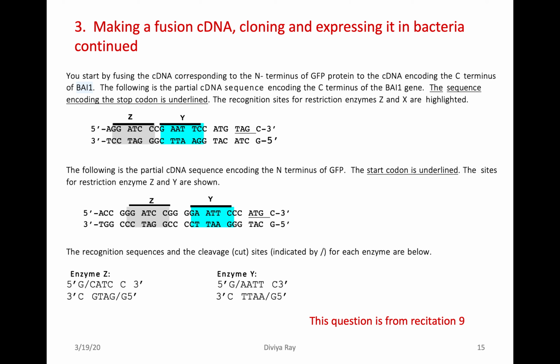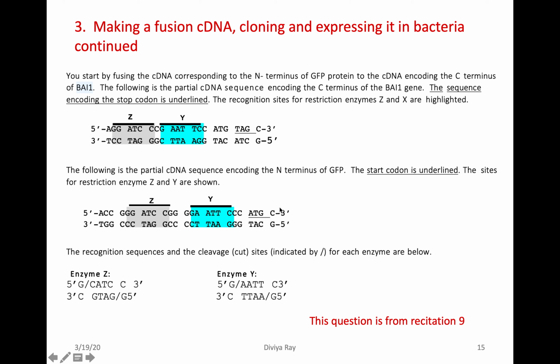Now, this slide should be very familiar to you because I have this as a part of recitation 9, and you must have practiced this already as a part of your recitation handout. So let's say this is the BAL1 cDNA and the stop codon is underlined for you. You use this information to figure out the reading frame of this cDNA.